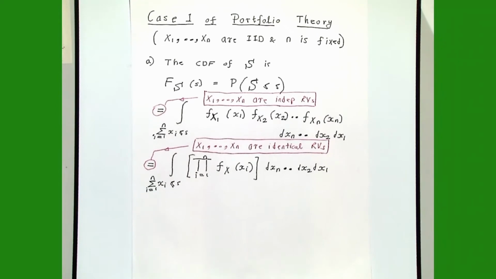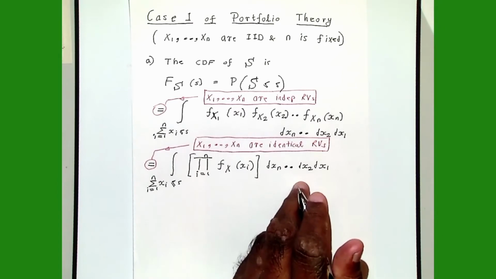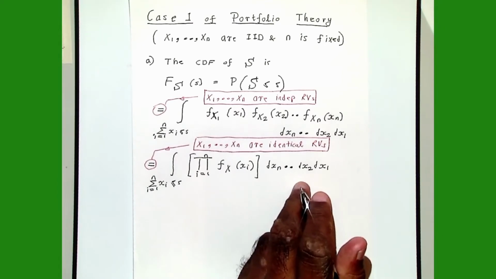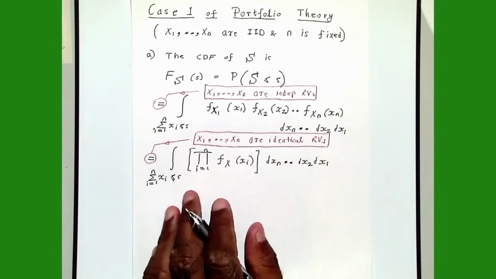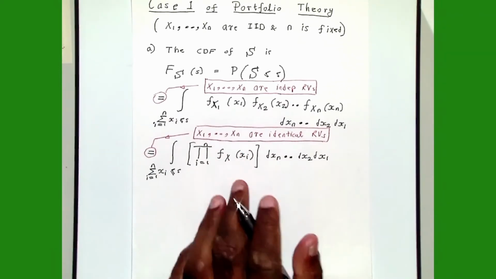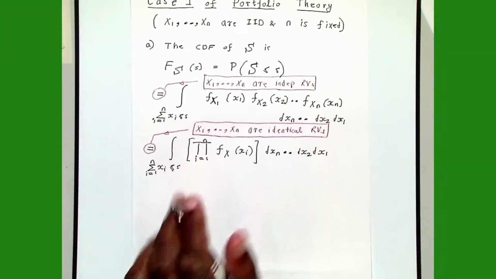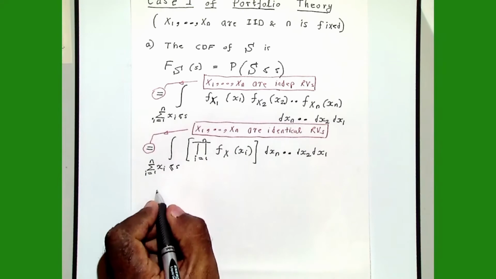Right? So this is the formula for working out the CDF of the total portfolio loss. And I don't expect you to know how to derive this formula, but I will expect you to know how to apply this formula if I give you an example. So I will do some examples later on.